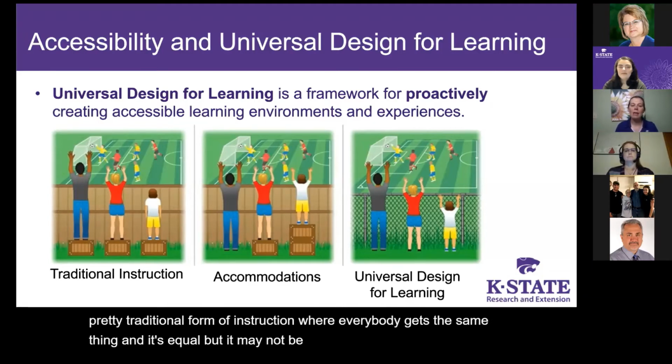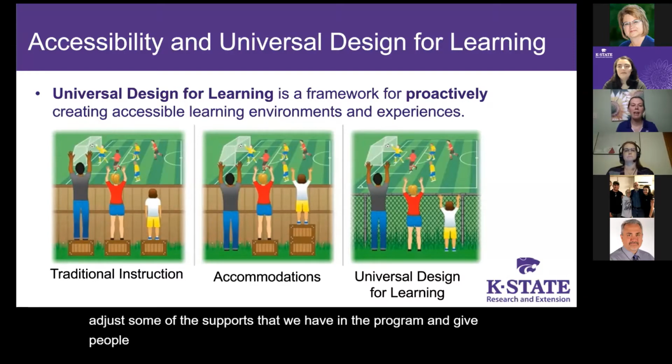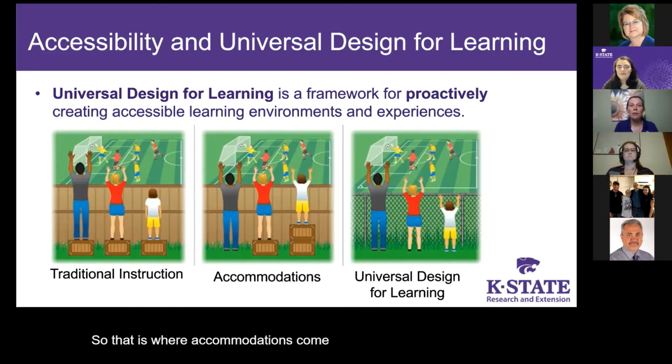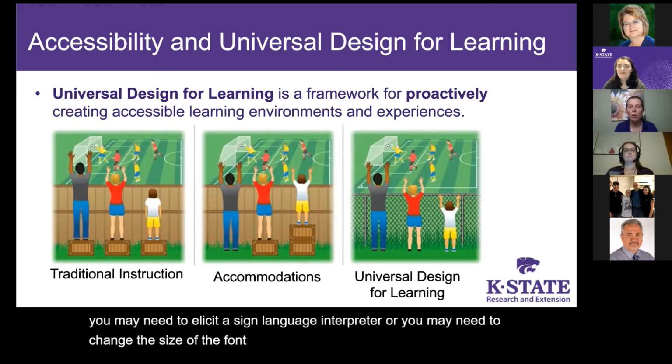Sometimes we may need to adjust some of the supports that we have in the program and give people different things so that they can be engaged and be part of that learning. So that is where accommodations come in. There may be times when you may need to elicit a sign language interpreter, or you may need to change the size of the font in a document that you're providing.